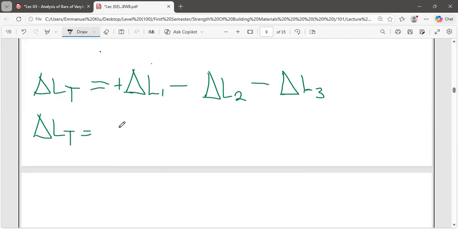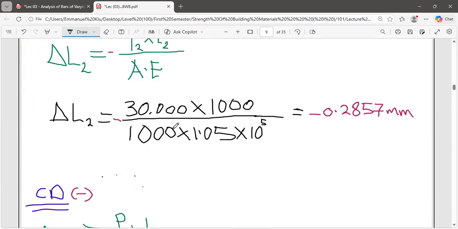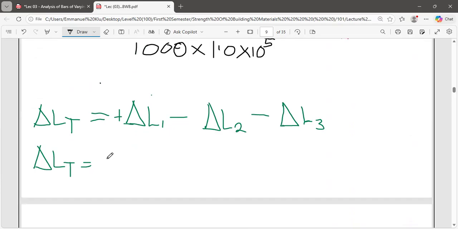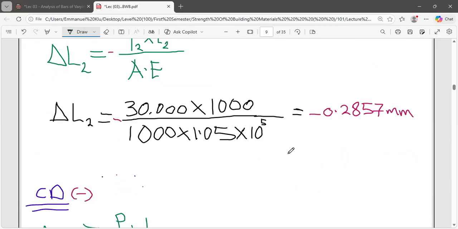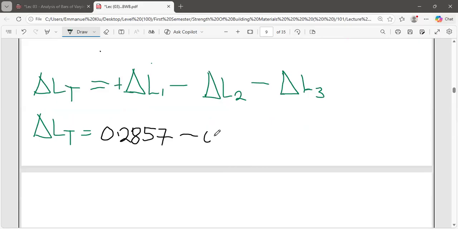So the first one we had what? 0.2857. So let me write over here 0.2857 millimeters, minus, and then the other one, 0.2857.